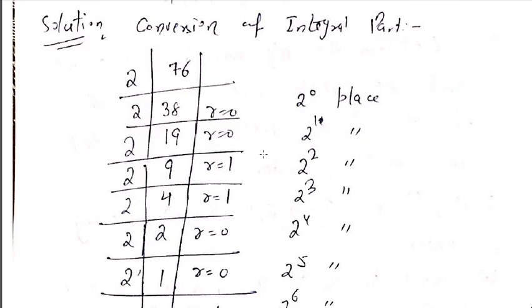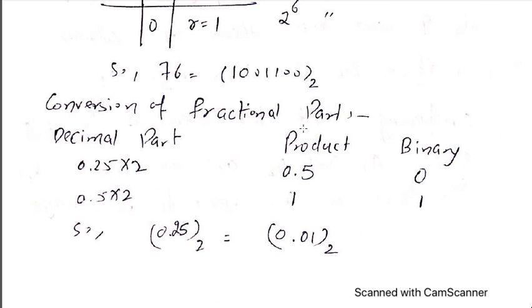Now we will convert its fractional part. Its fractional part is 0.25. To convert it, we will multiply 0.25 by 2. The product will be 0.5, whose integral part is 0. Here its fractional part is 0.5. Now in the second step, we will multiply this fractional part by 2. That will be 1, so the integral part is 1.